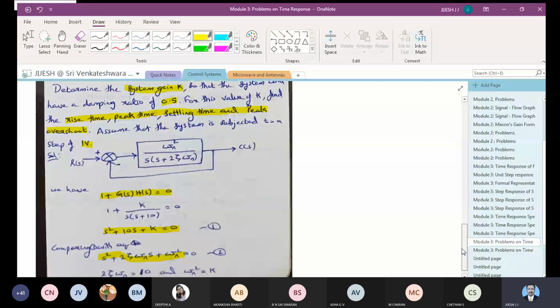So you need to compare this and you get 2 zeta omega n as 10 and omega n square as k. First determine the value of k, and then if you get the value of k, it is the same as that of the previous problem.